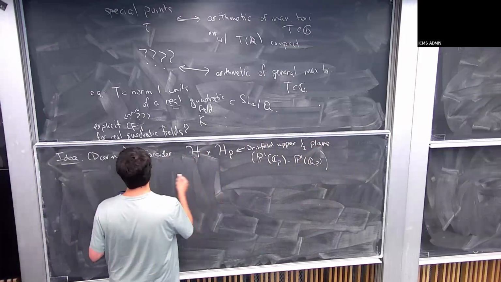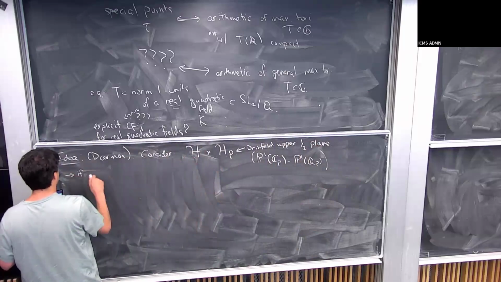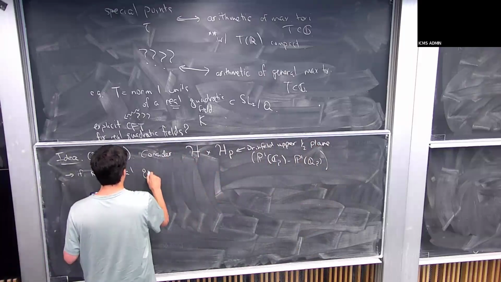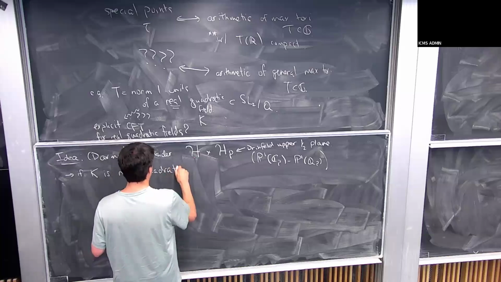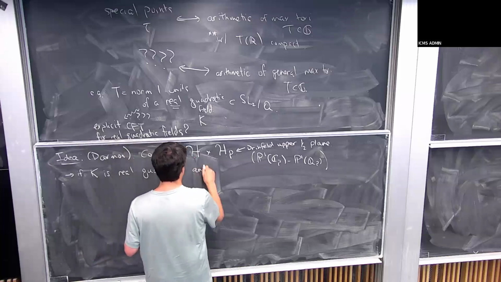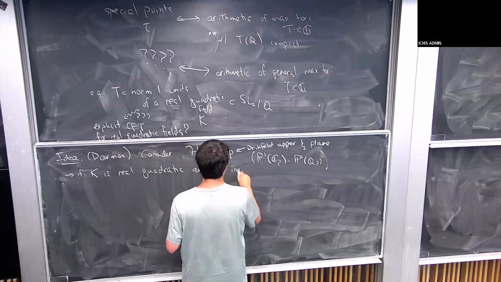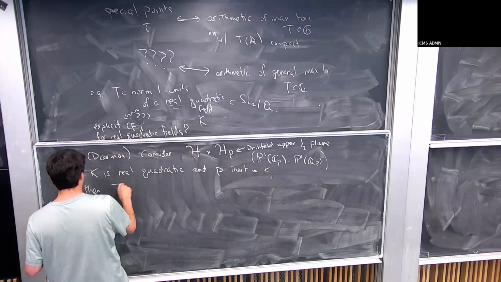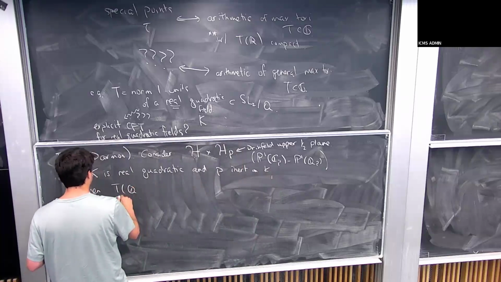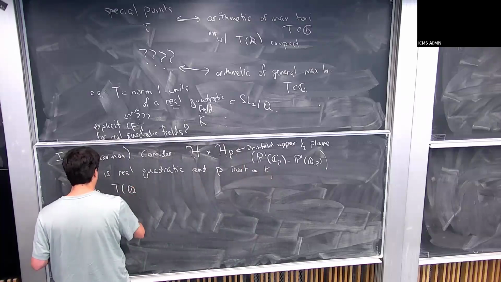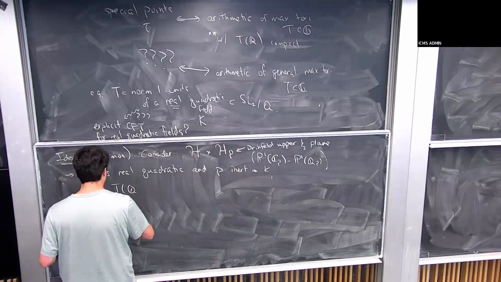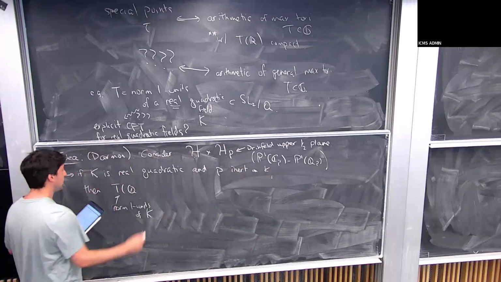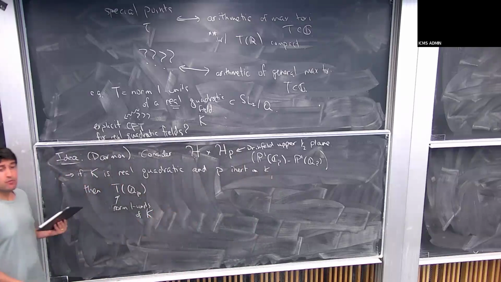And if K is real quadratic and P is inert in K, then you take the norm 1 units of K, and you take the QP points of that group.